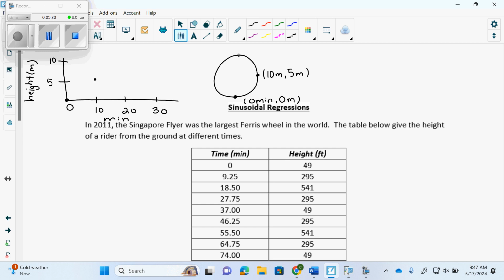Then say my maximum was at 20 minutes and 10 meters, then it would be here. And then this would be 30 minutes and 5 meters. It would be here. And then back down to 0 at 40 minutes, right? Same time. And I could just keep going.